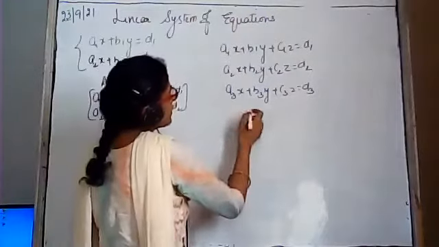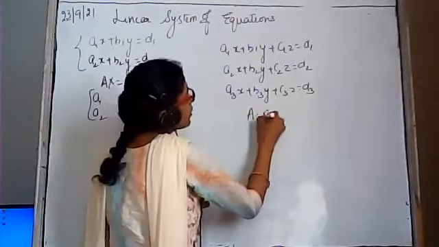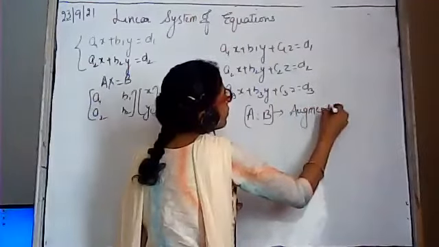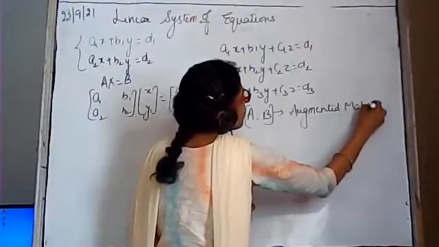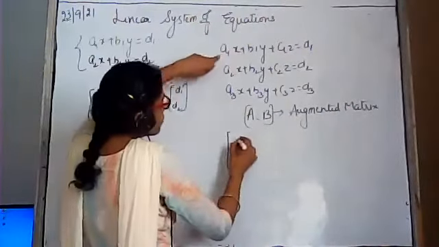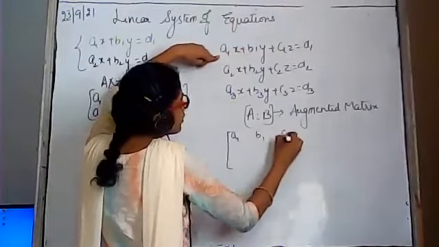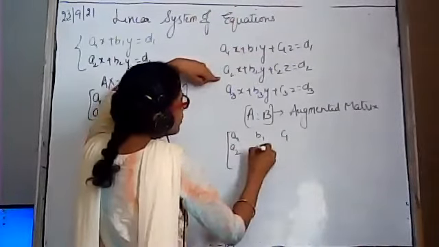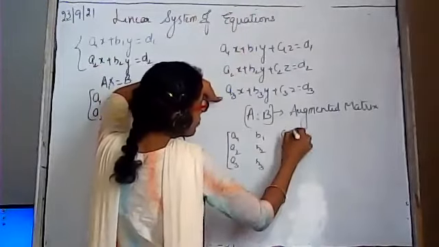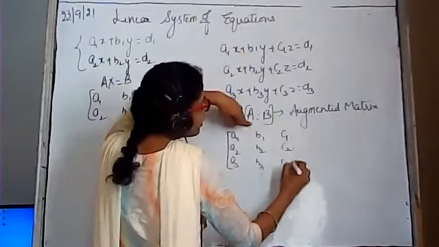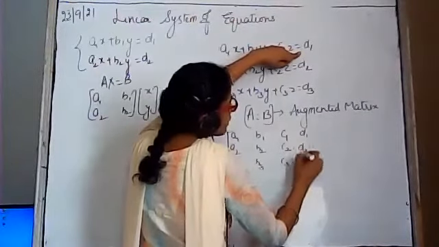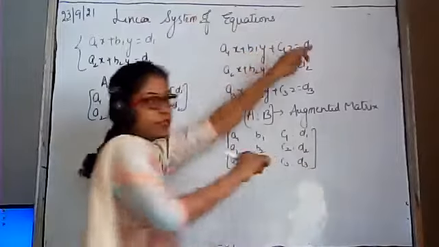We write these equations in the augmented form, called the augmented matrix. In it, we write the coefficients a1, b1, c1, similarly a2, b2, c2, and a3, b3, c3. After that, we have 3 dots in each row, and after the dots we have the right hand side, that is d1, d2, and d3.